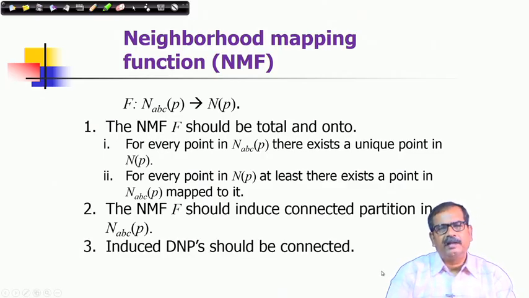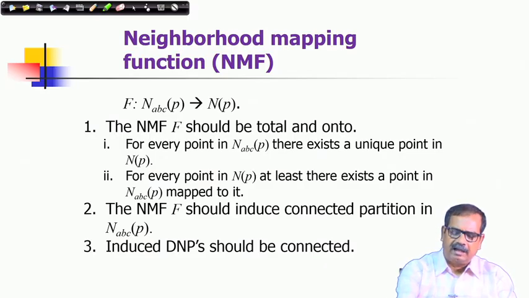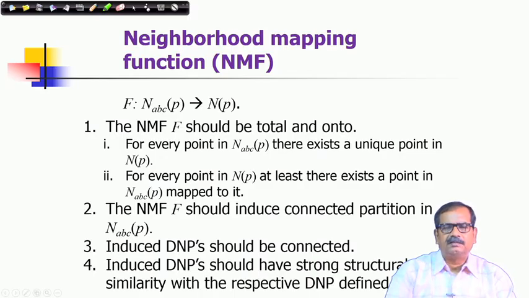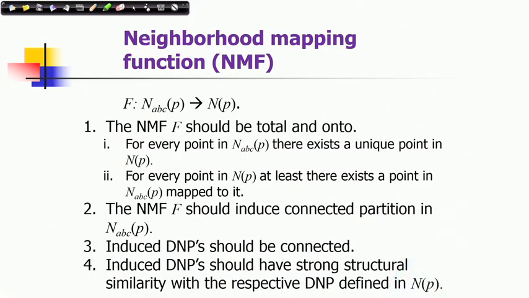And again, as a result, the digital neighborhood planes, what they will look like in the extended neighborhood of the point P, should also be connected. So, the induced digital neighborhood planes also should be connected. And moreover, for good quality of segmentations, it should have strong structural similarity with the respective DNPs defined in NP.